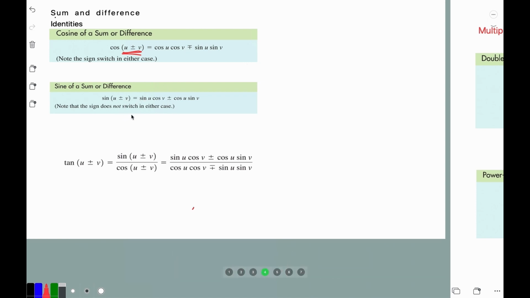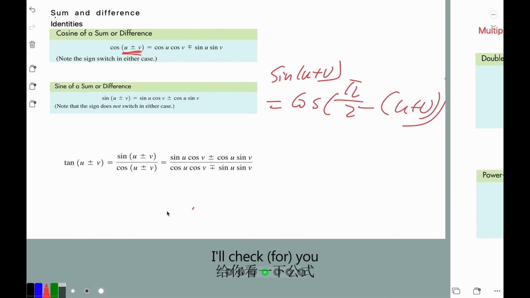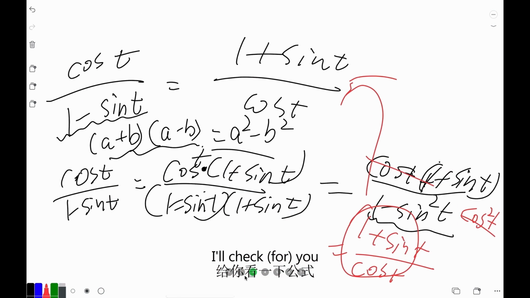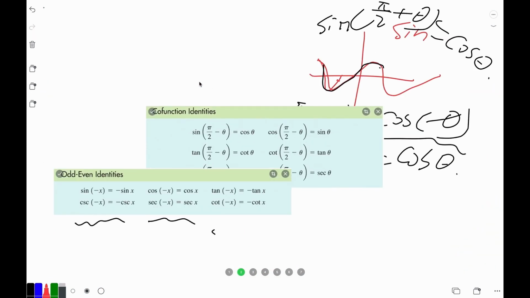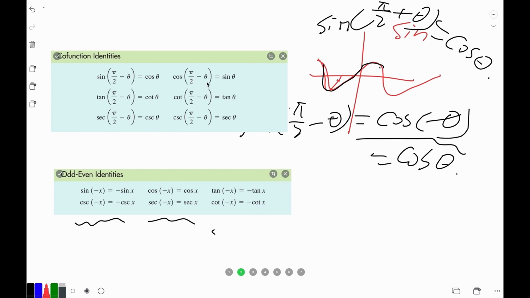For sine of u plus v, you can see this is just cosine of pi over 2 minus (u plus v). Do you remember? Cosine of pi over 2 minus theta equals sine theta.